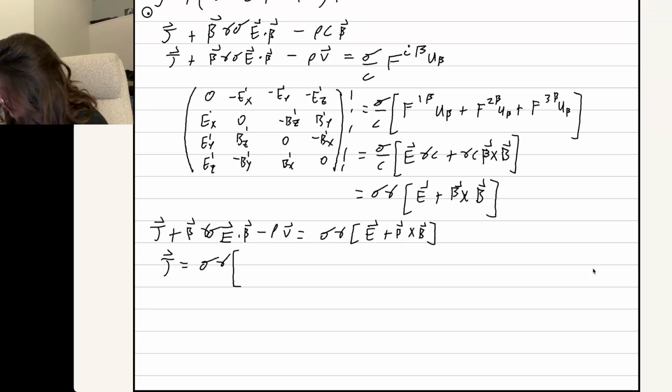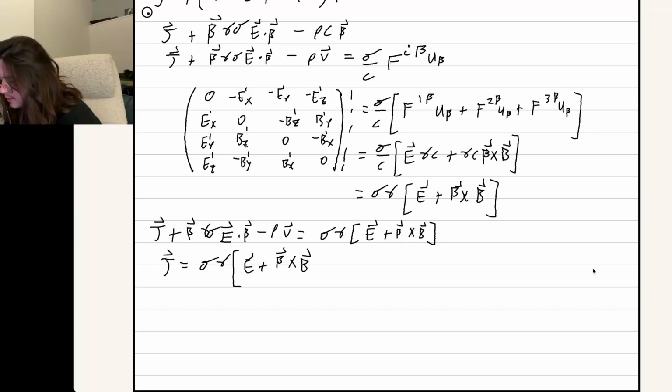We have the E from before, and we have the beta cross B from before. But then we're also taking a minus, no gamma this time, beta vector times the dot product of E with beta.